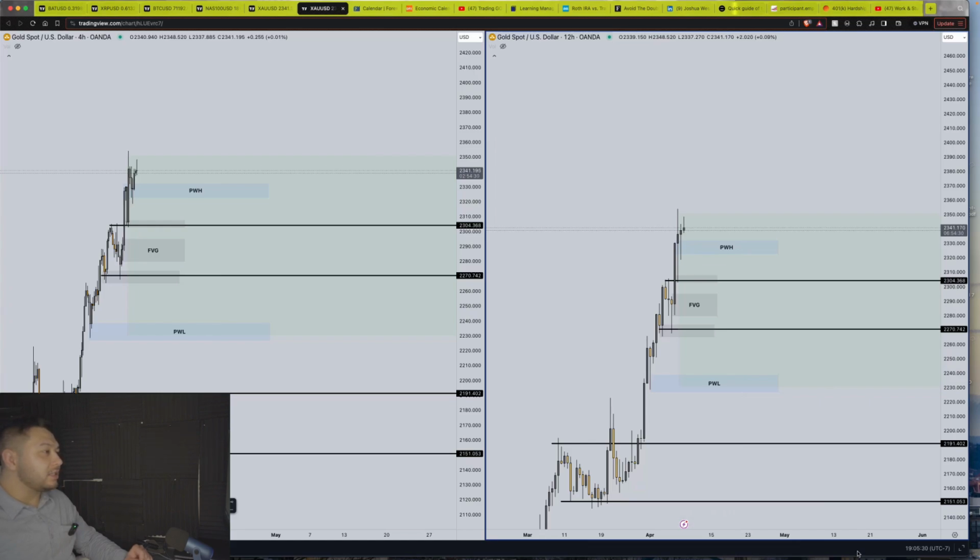In addition to that, we need to discuss how pips are calculated with gold, as well as your margin, and how your broker calculates margin. Now, if you're not familiar with how gold moves, it's very, very volatile and has a lot of volume.